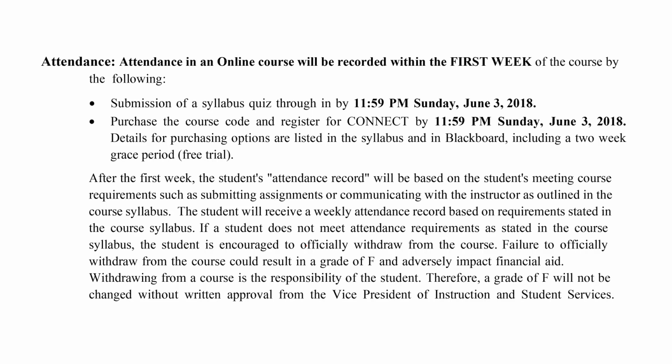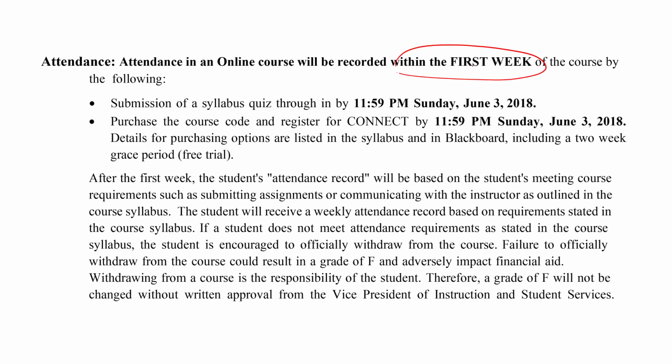Attendance for all courses online at Calhoun is recorded within the first week of class. You must submit a syllabus quiz by June 3rd at midnight. And you also must purchase your code and register for Connect. Now, one of the options for Connect, if you're buying it through McGraw-Hill, is a free 2-week trial.